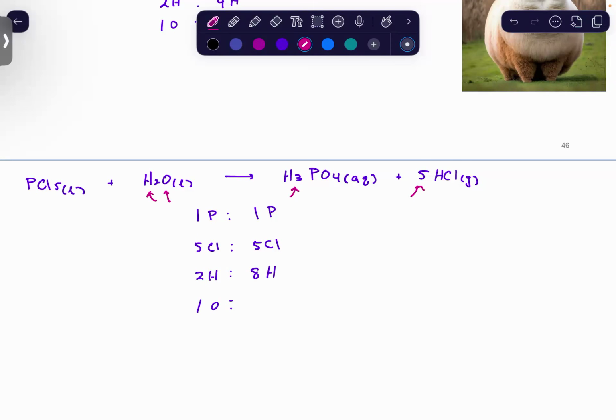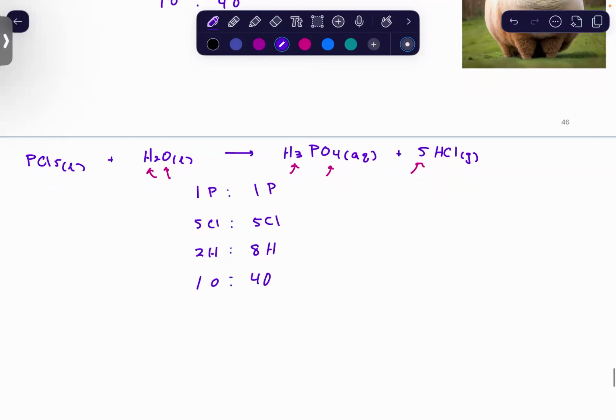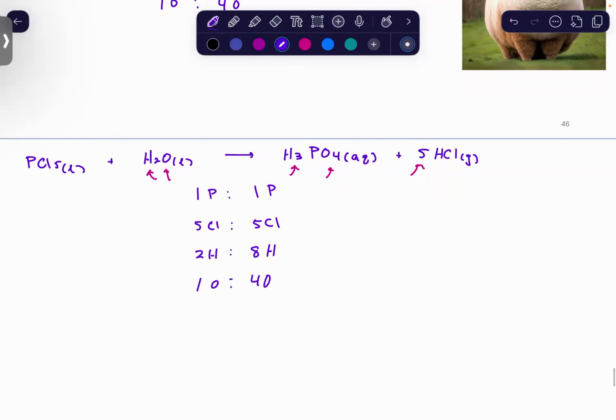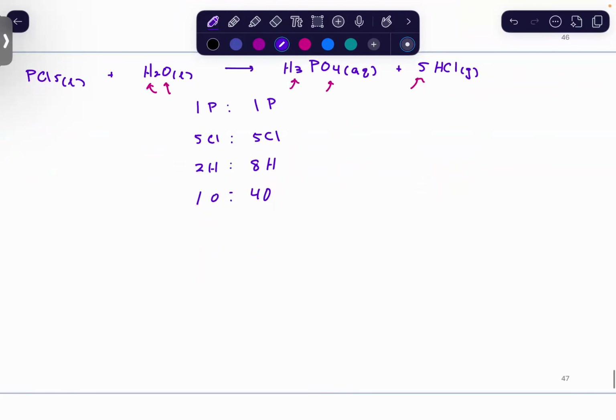Then over on the right, I have 4 oxygens. I really want to leave my chlorines the way they are. So I'm going to try to use water to balance out hydrogens and oxygens. I have 2 hydrogens on the left, 8 on the right. So I'm going to use a coefficient of 4 and see what it does.